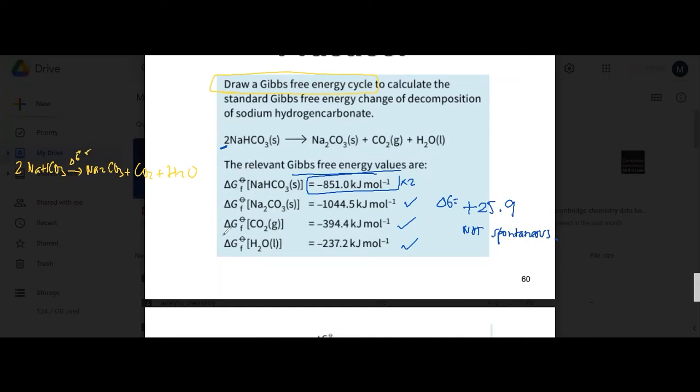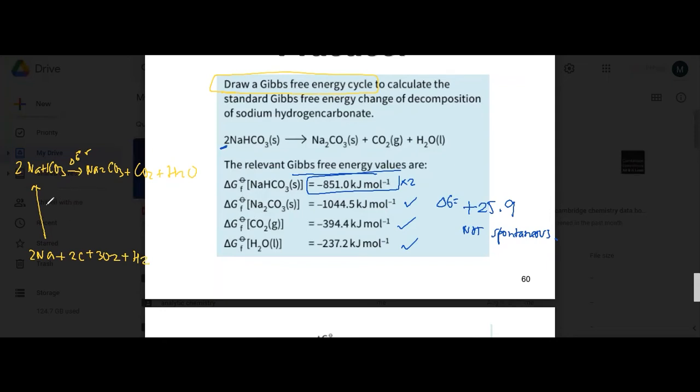And we have the delta G_f formation from elements to form the reactant, here the reactant is NaHCO3. So we need to use 2 Na, 2 C, 3 O2, and 1 H2.